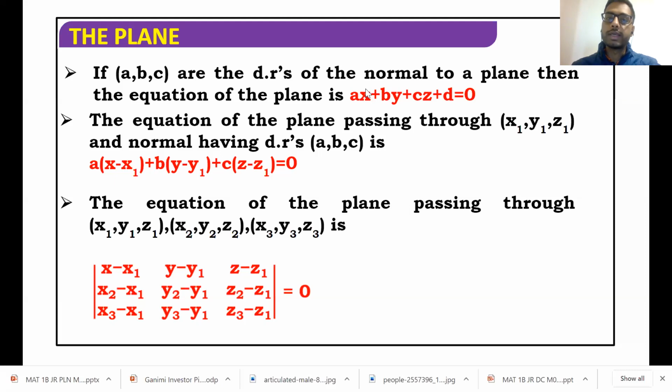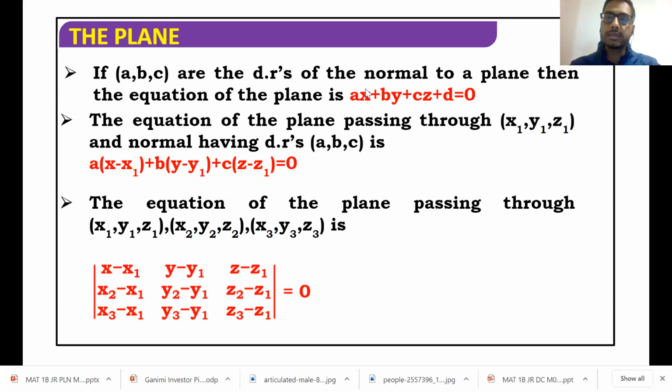You can also find the equation of the plane if a particular point and direction ratios are given. Also, you can find the equation of a plane in terms of your direction cosines l, m, and n. So multiple equations of planes are as follows.